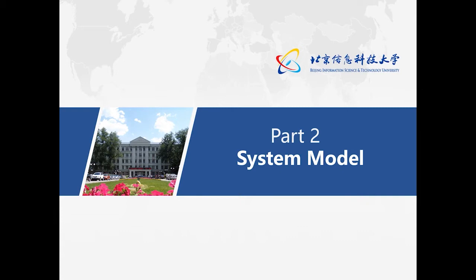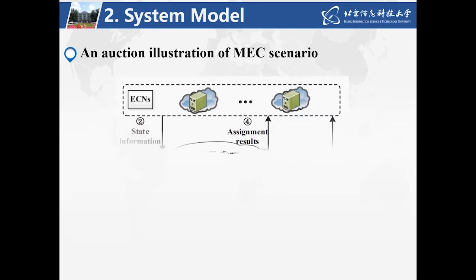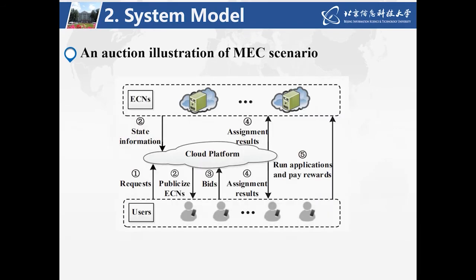Now I will talk about the system model. An auction system of MEC is shown in the figure. Firstly, when a mobile user wishes to rent computing resources to run its deadline-sensitive tasks, it first generates a request and submits the request to the platform.